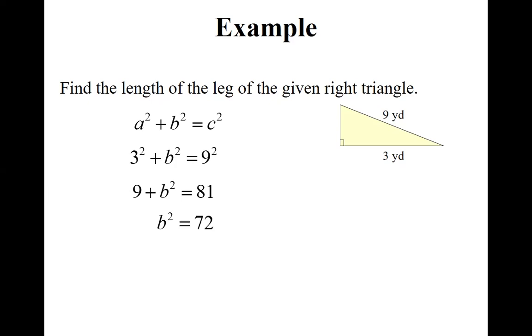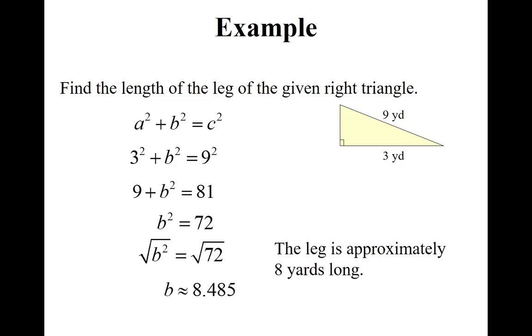B squared is 72. Square root both sides. B is the square root of 72. Square root of 72 is 8.4852. So we'll round that to the nearest thousandth. It's approximately 8.485. Rounded to the nearest whole yard, we could say that the leg is approximately 8 yards long.